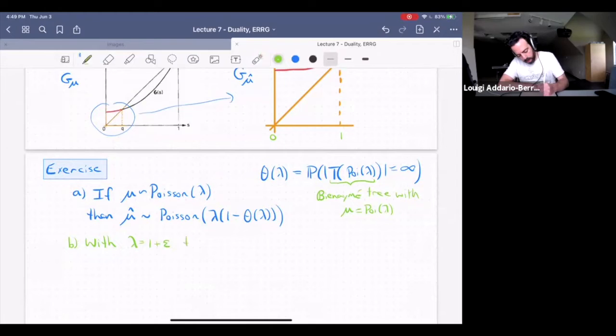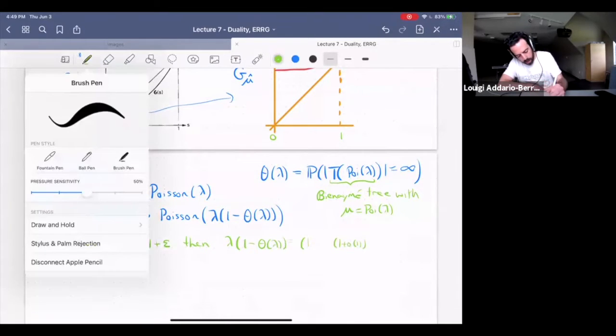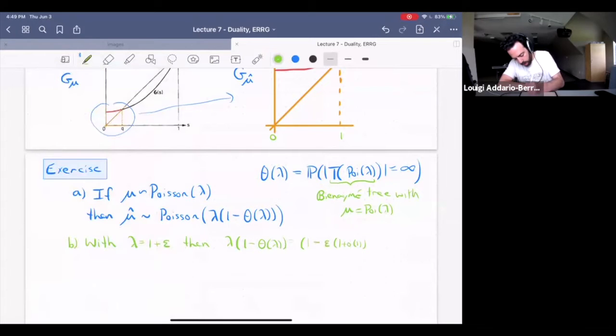If lambda is 1 plus epsilon, then this dual parameter lambda times 1 minus theta of lambda is 1 minus epsilon times 1 plus little o of 1, as epsilon tends to 0. So close to 1, you really are effectively just going from Poisson 1 plus epsilon to Poisson 1 minus epsilon when you condition on finiteness.